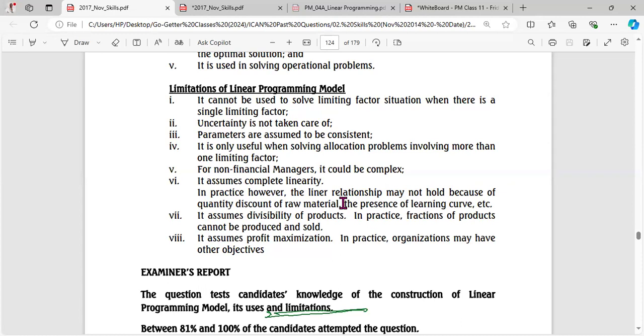Five, for non-financial managers, it could be complex. I also know that for you students, it's also complex. Six, it assumes linearity, so there's a linear relationship. But sometimes in practice, a linear relationship may not hold because there may be a discount in raw material that will change the whole equation.